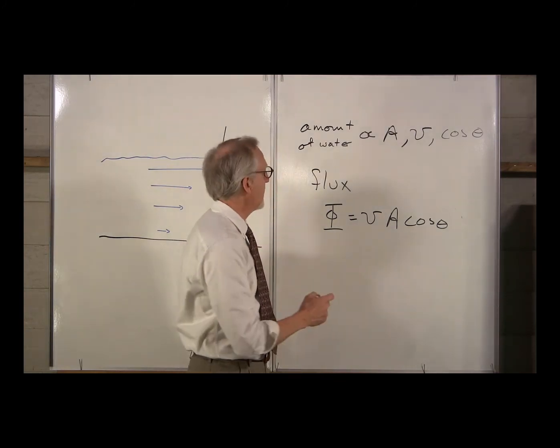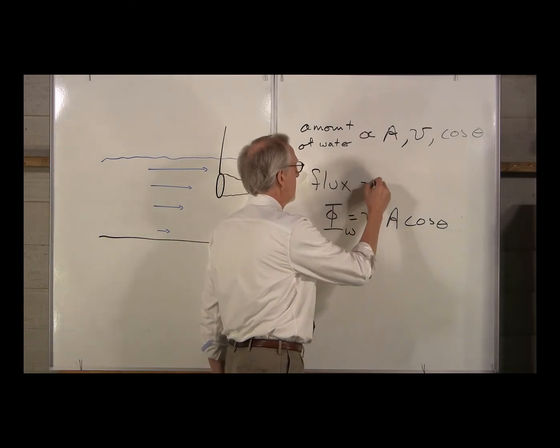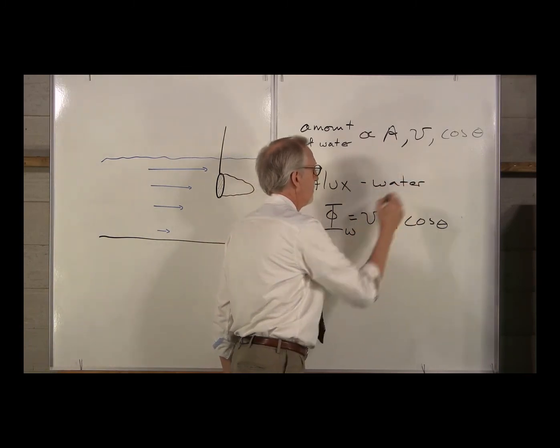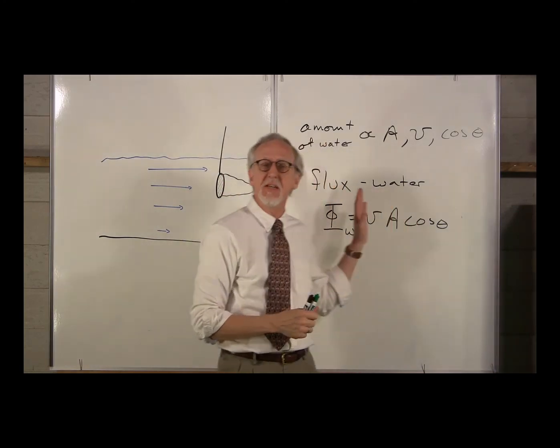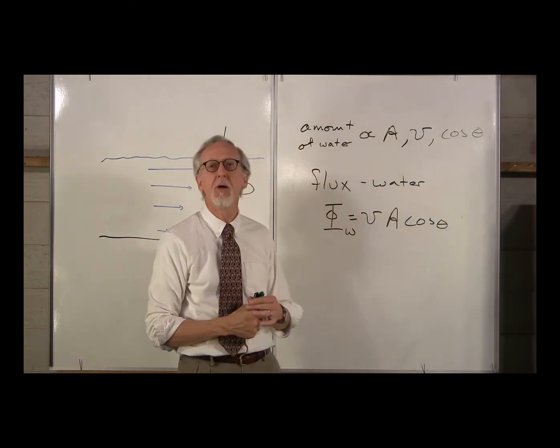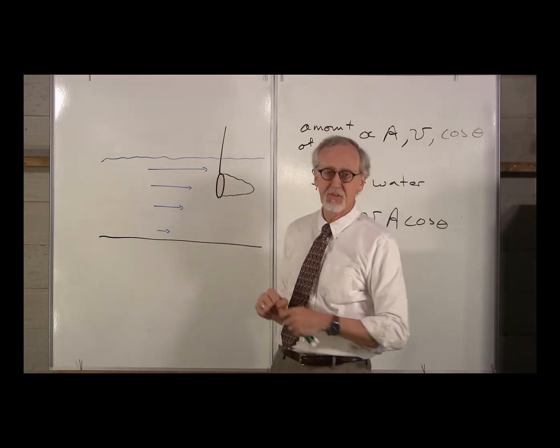And this we might think of as the water flux. There we go. So this is very straightforward. It's a measure of how much water is going through the loop, through the net in this case.